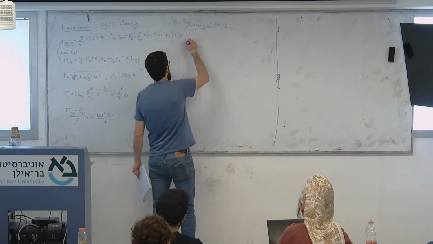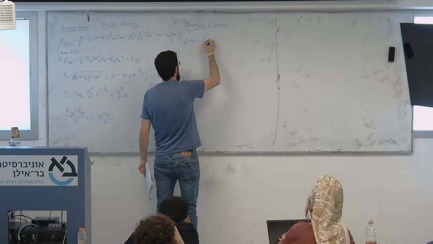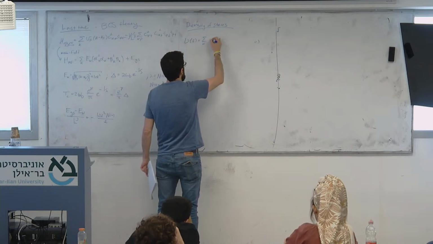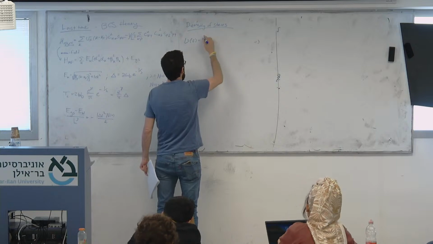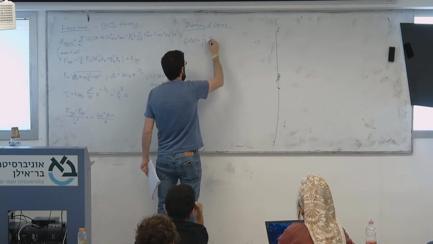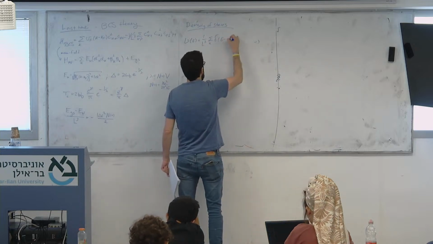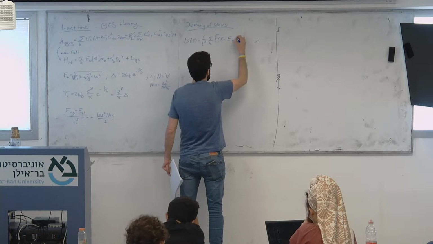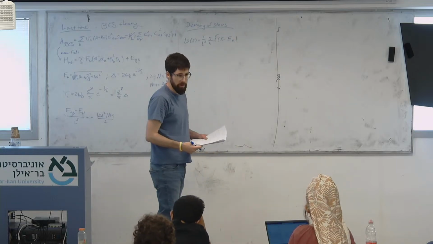All we really need to compute is mu of epsilon, which is 1 over L cubed, sum over k states, delta of epsilon minus Ek. This will give us the density of states.